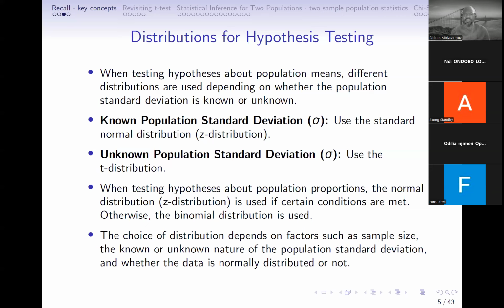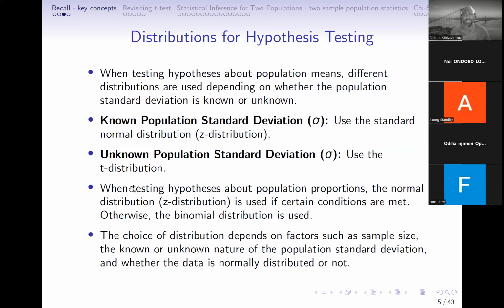And in the case of the proportions, if the statistic of interest is about proportions, then we have two choices. The second choice we haven't talked about is the binomial distribution, because we decided to end at the level of the Z distribution.